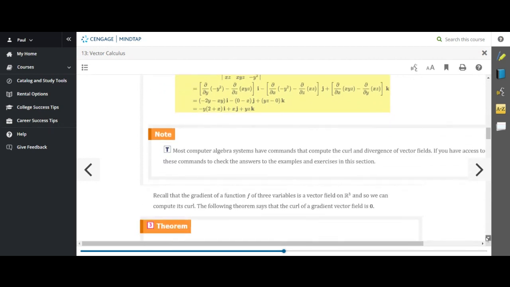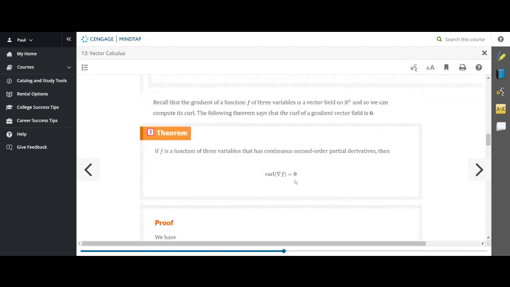The curl is very nice because, for one thing, the curl of a gradient field is equal to the zero vector. This means, if you have a vector field F that has a potential function, and remember, what's that mean?